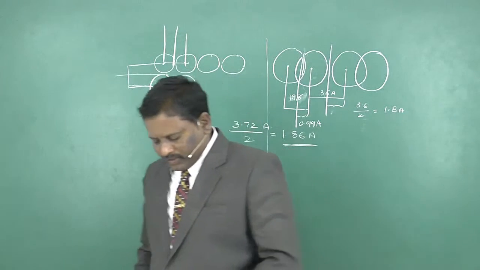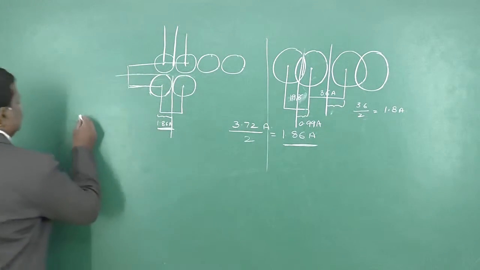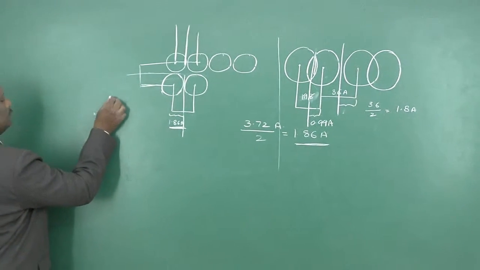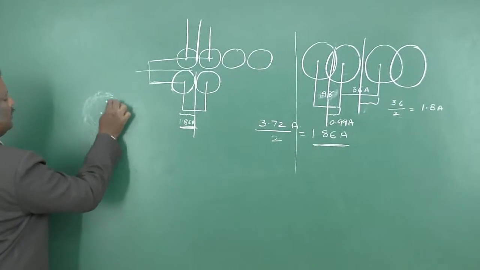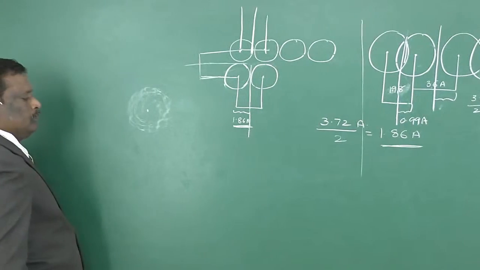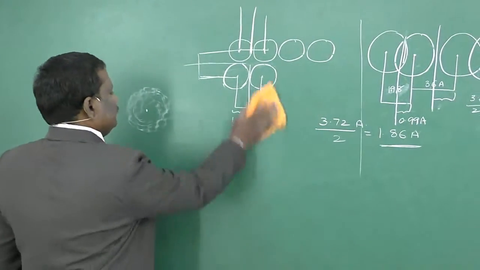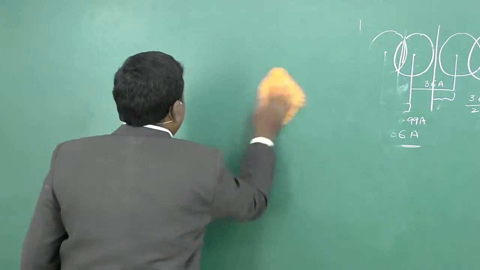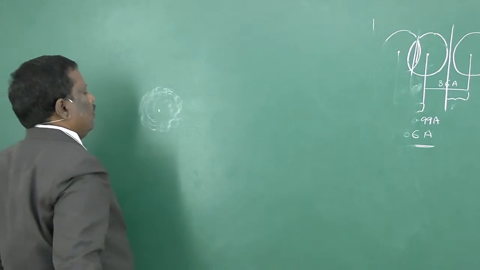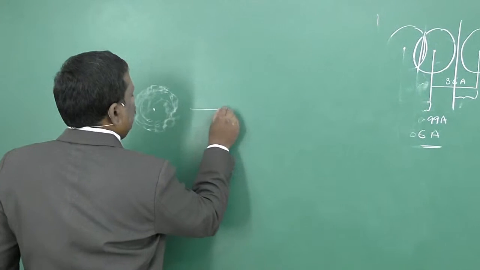For example, this is an atom, and this is the electron cloud. Suppose this atom loses one electron. What happens?